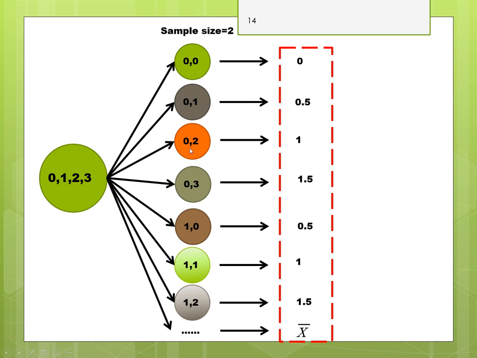And maybe we can get 0 and 2, 0 and 3, right? Okay, so here for each sample we can figure out the mean. When we get 0 and 0, the mean should be 0 plus 0 divided by 2, right? So the mean is 0. If we get 0 and 1, the mean, or we can say X bar, should be 0.5. If we get 0 and 2, X bar is 1, right?